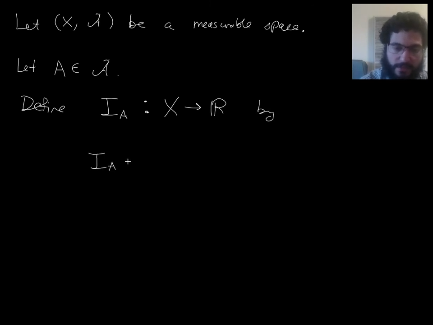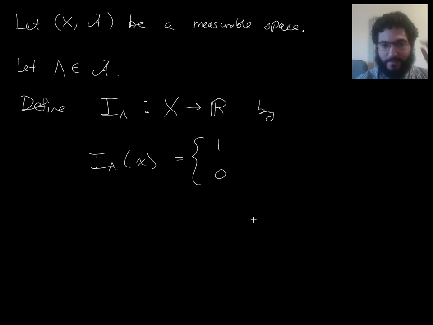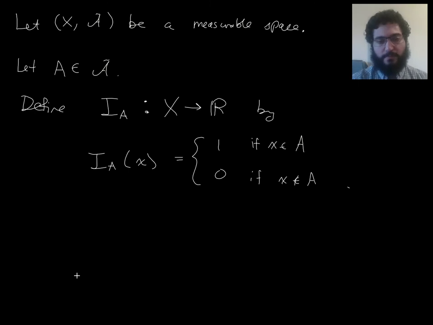Here's the way it works. For any point x, it either gives you 1 or 0. It lights up whenever x is in the set A, and it turns off if x is not in A. So it's an indicator function. It indicates whether or not points are elements of the set A. Sometimes it's also called the characteristic function of A.